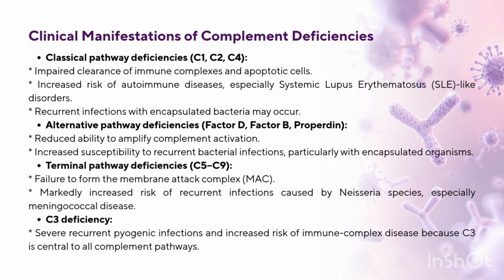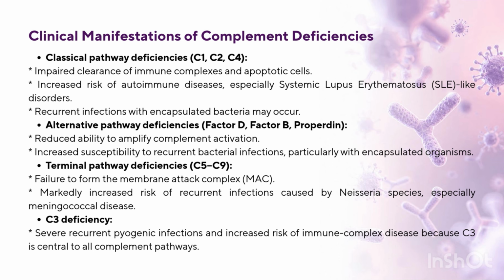This leads to the accumulation of immune complexes in tissues and increases the risk of autoimmune diseases, particularly systemic lupus erythematosus. Patients may also experience recurrent infections, especially with encapsulated bacteria.